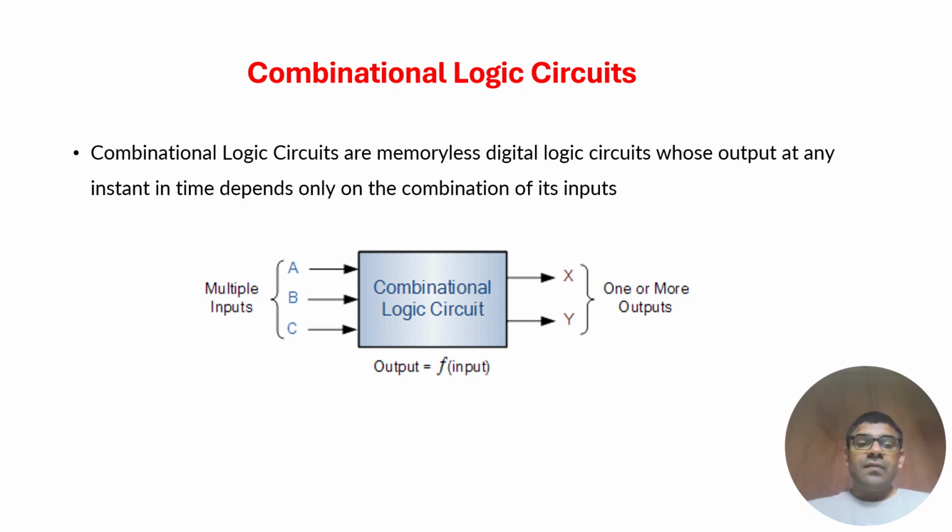Based on the variation of input variables, the output will change accordingly. The combinational logic circuit doesn't have any memory unit. I mean, whenever we change the input combinations, the output will change instantly. No storage unit here.